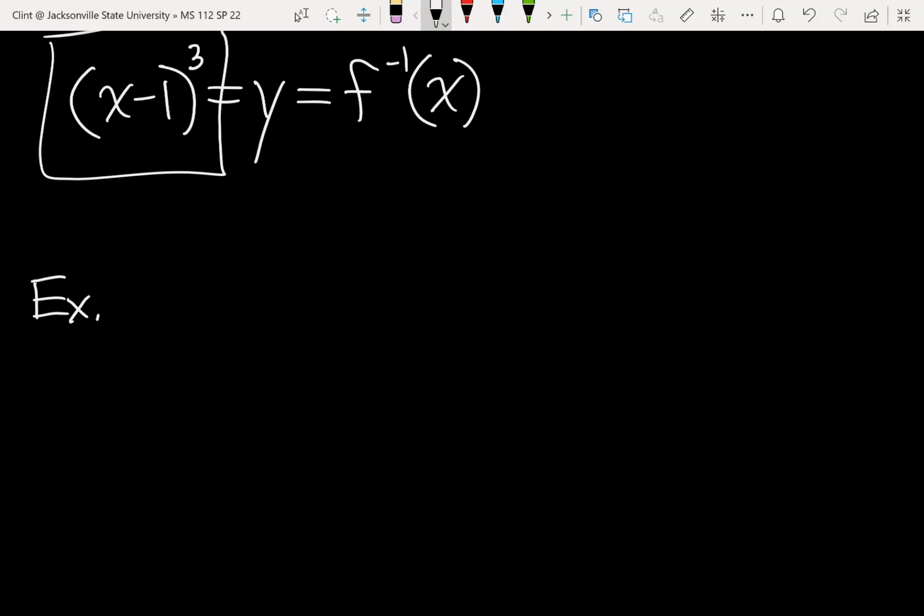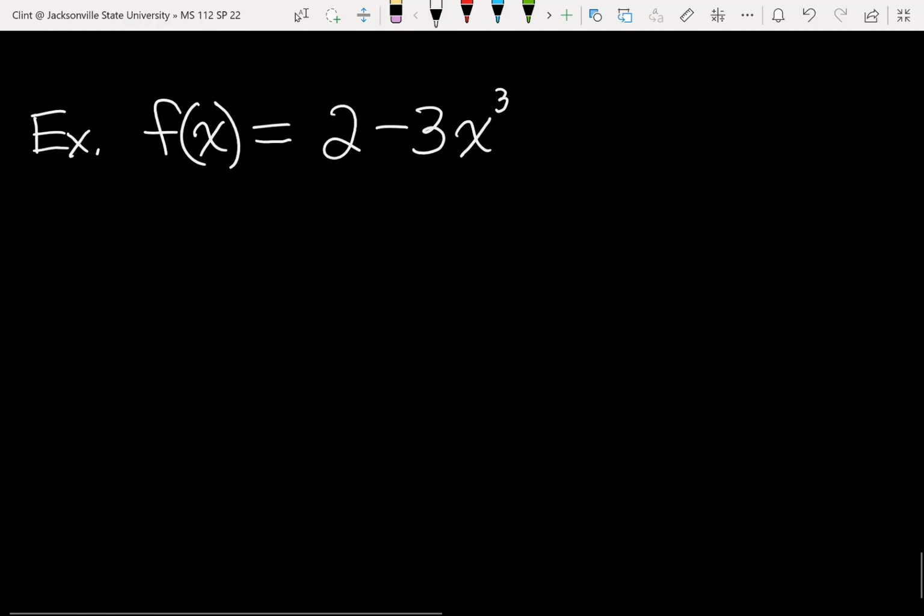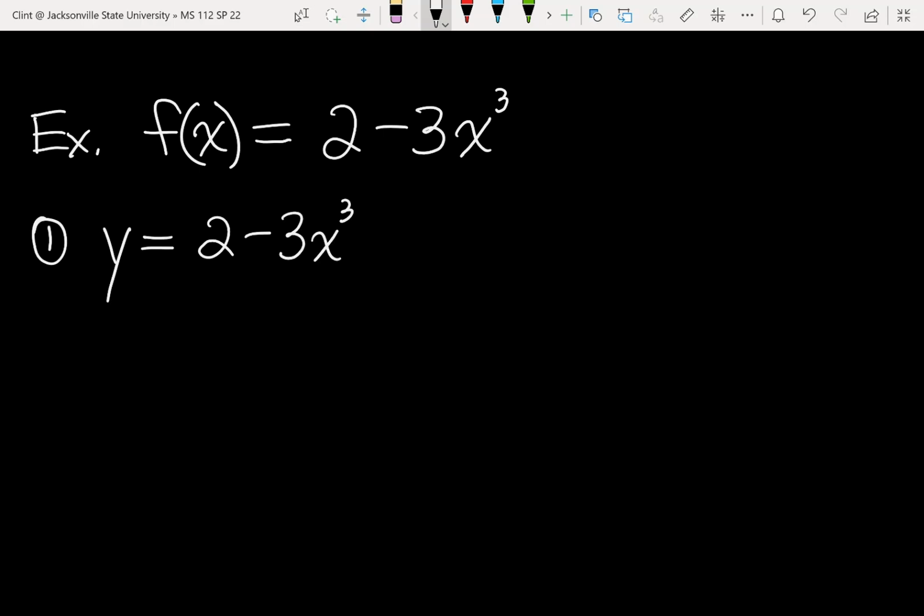Let's do another one. So I won't write the directions down again, but we want to find the inverse. So this time we'll start with something that has an exponent in it. So step 1, I'm going to call it y equals 2 minus 3x to the third, or 3x cubed.